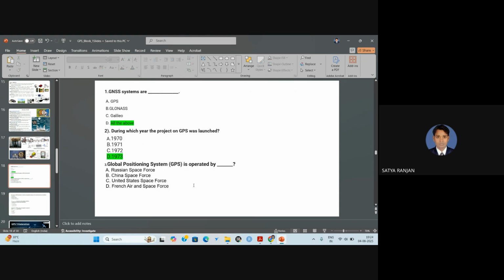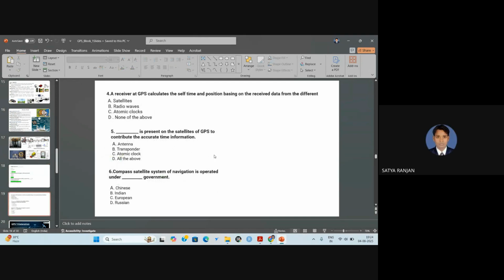Then the Global Positioning System is operated by? So GPS was previously discussed. It is operated by Russian Space Force, China Space Force, United States Space Force, or French Air and Space Force. So it is used by the United States Space Force.